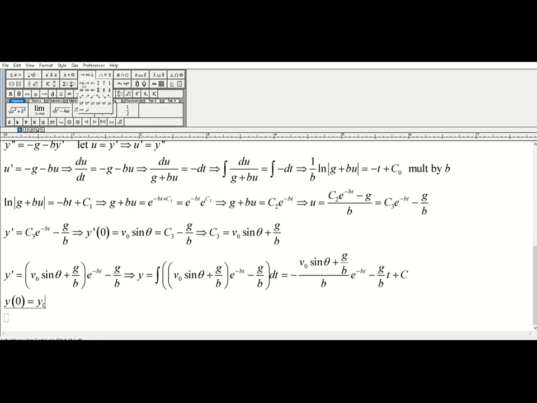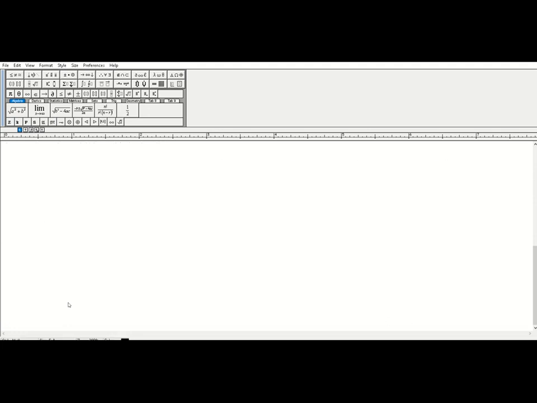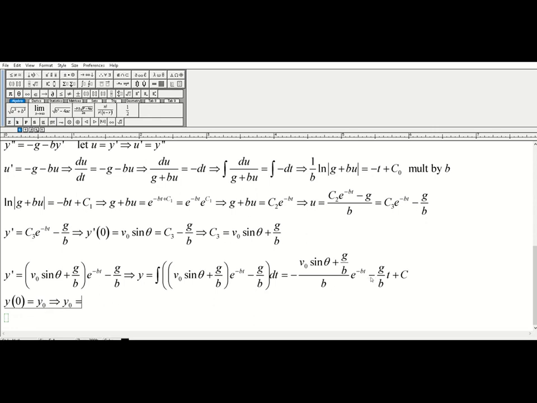And from here, we can actually solve this. We'll get y naught equals, and the e to the 0 is 1, and this term is going to be 0, so we just get this plus our constant.